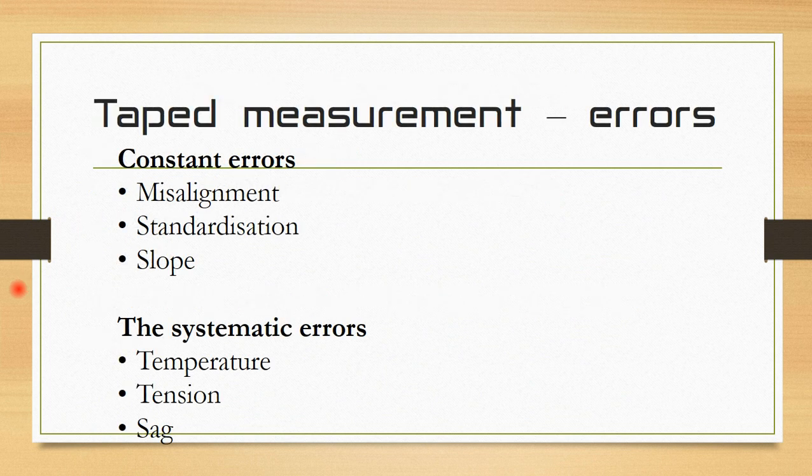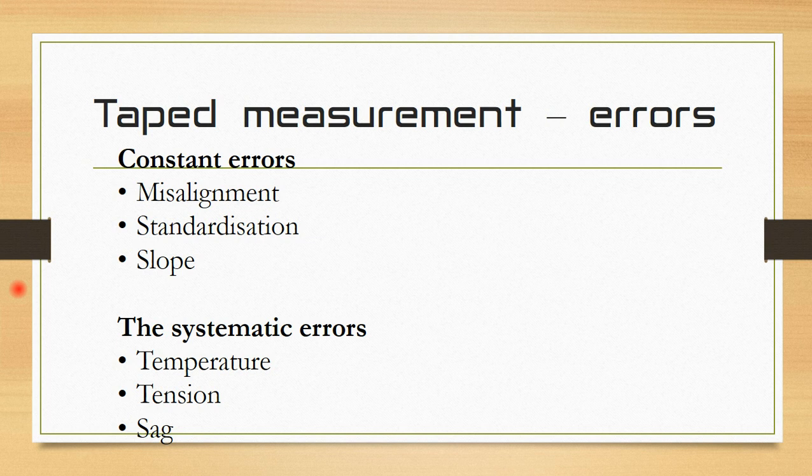So the taped measurement, or distance measurement using the tape measure. There are errors associated with the tape measurement. The errors are grouped into two: you have the constant errors, and also the systematic errors.